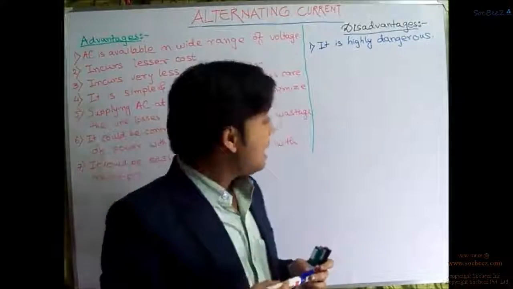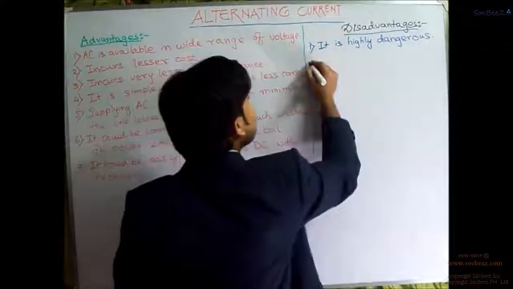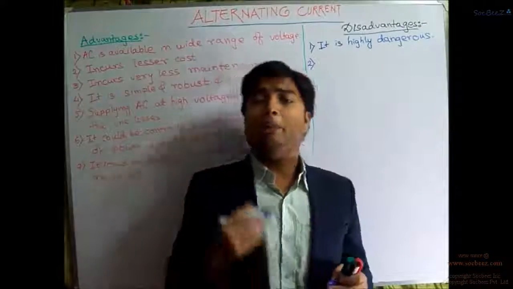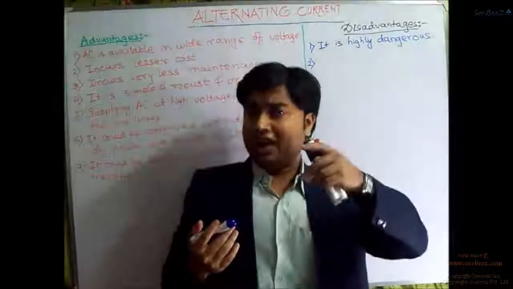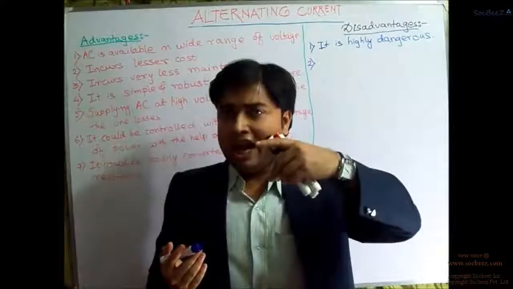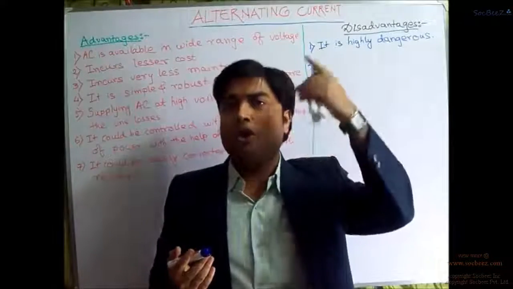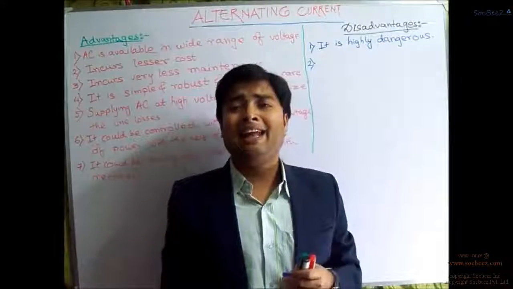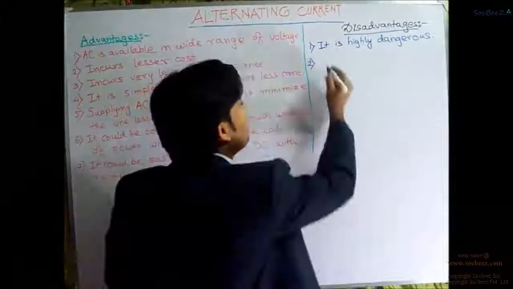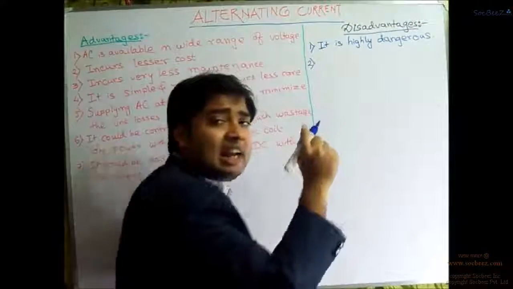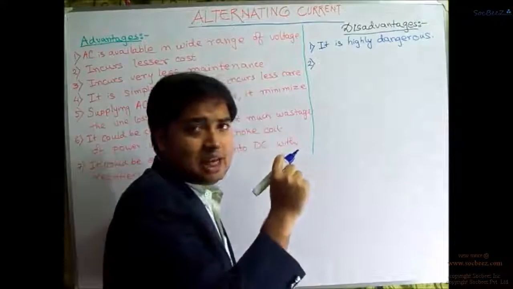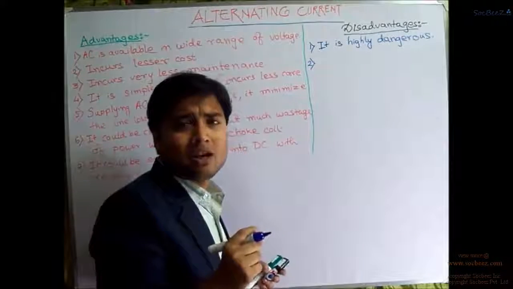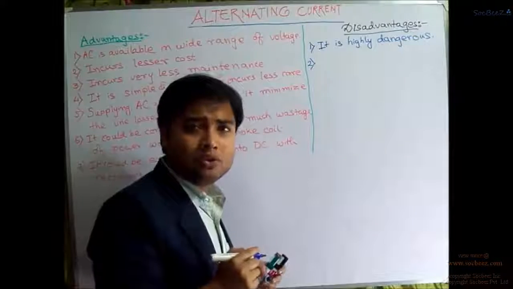Right? As we have seen earlier while discussing the mean value, the effective value and the peak value of an alternating current, the effective current that is measured is actually 70.7% of the peak value.